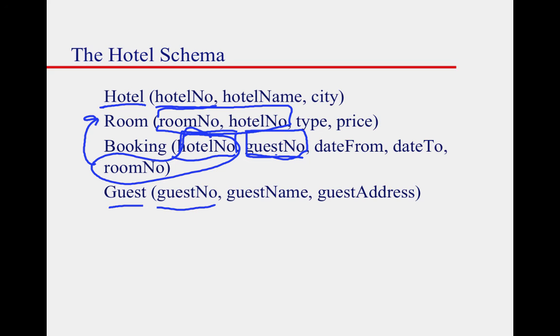Each of the foreign keys is a primary key of another relation, or a candidate key in another relation. Yes. Are the names the only natural keys? Oh, hotel name and guest name? It depends on what you make your hotel name.